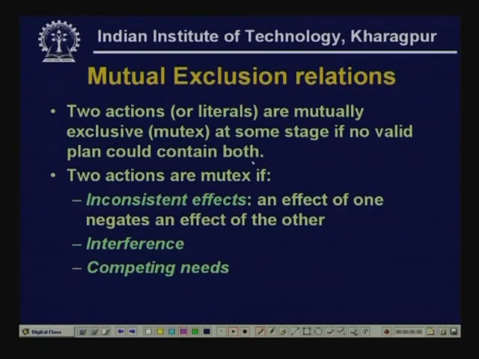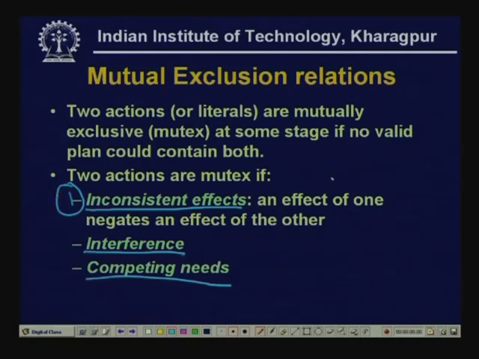as mutex. So, we will study three different mutex situations between two actions. We will consider inconsistent effects, interference and competing needs. First, we will look at what we mean by inconsistent effects.